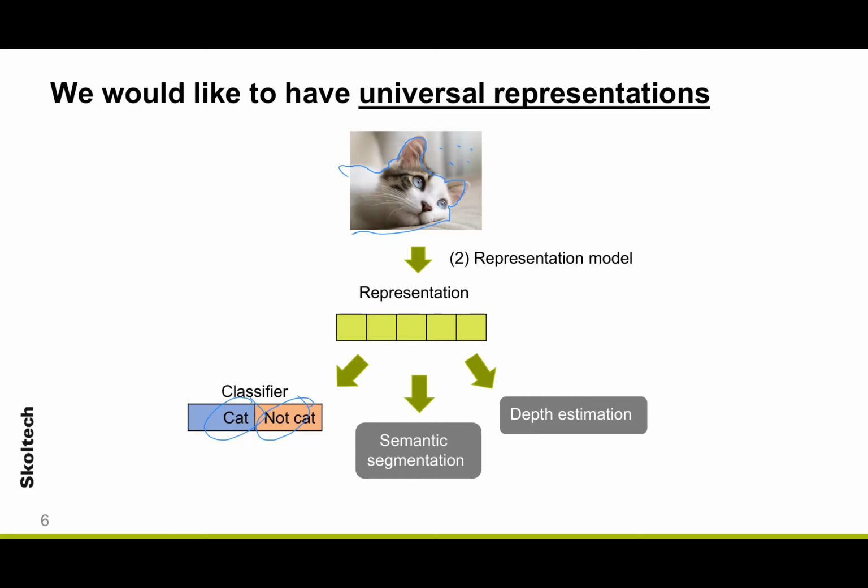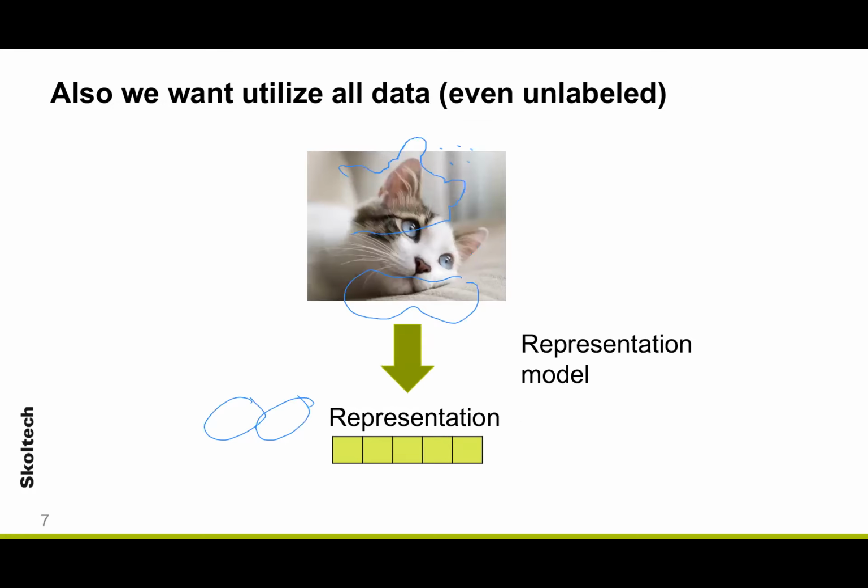Our ultimate goal is to have representations that reflect all useful information we have about this image, that cover most of the problems we can encounter, and drop everything we don't need. So in the first place, we have these good features. In the second place, these features don't include something we don't need.